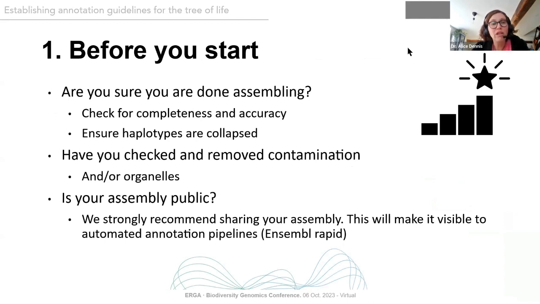We also strongly recommend that you make your assembly and your data public. And doing this will also make it visible to put it into pipelines that exist in these databases like Ensembl Rapid, or to request annotation at NCBI. So make sure you're ready to start annotation is our first step, and this is in the flow chart.